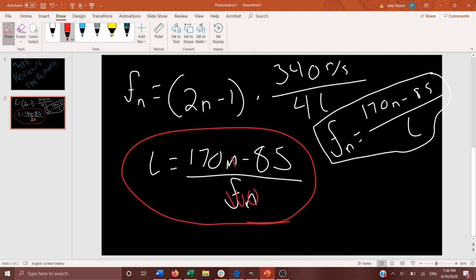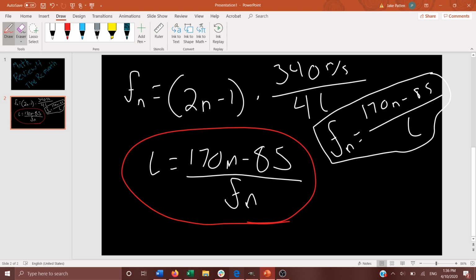And so then you're going to have to know that you put 3 in there if I tell you it's the third resonant frequency. This formula will still work out. Let me get rid of the red stuff again so you can write it down in your notes without being confused. L equals 170n minus 85 over the resonant frequency. Okay, great.